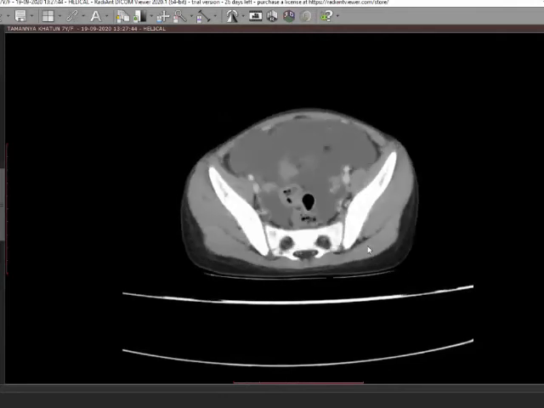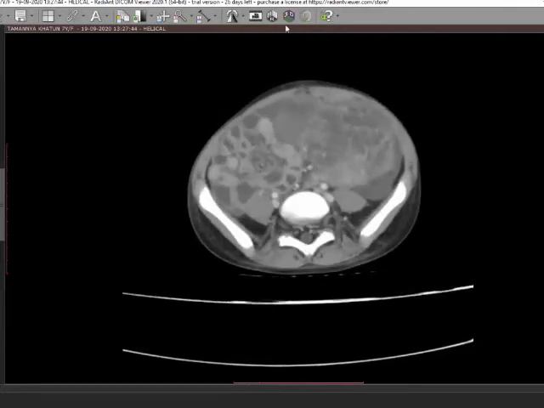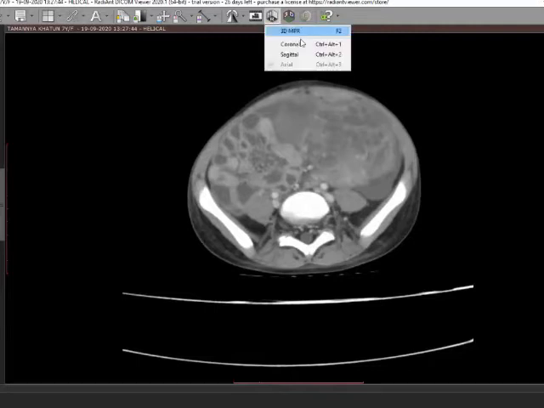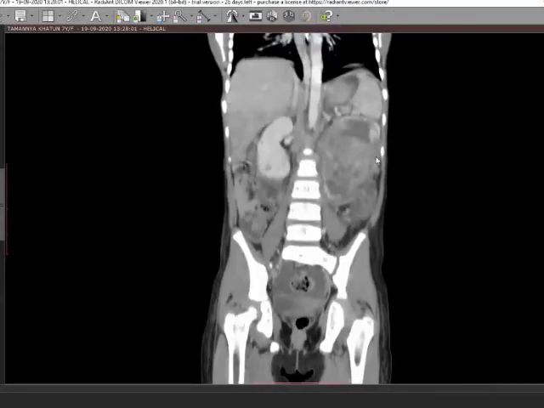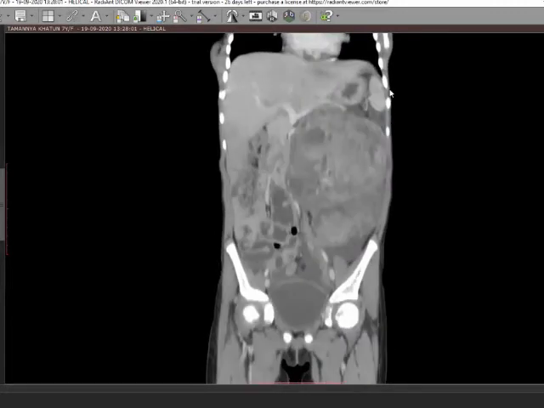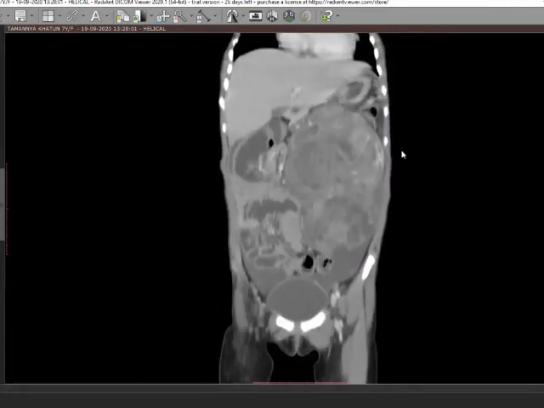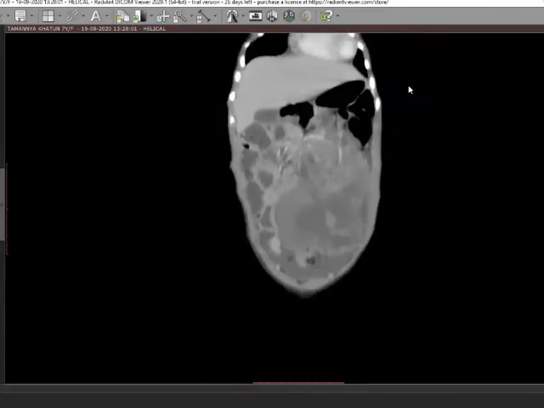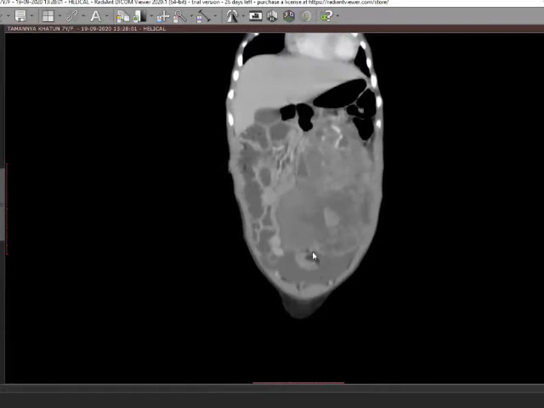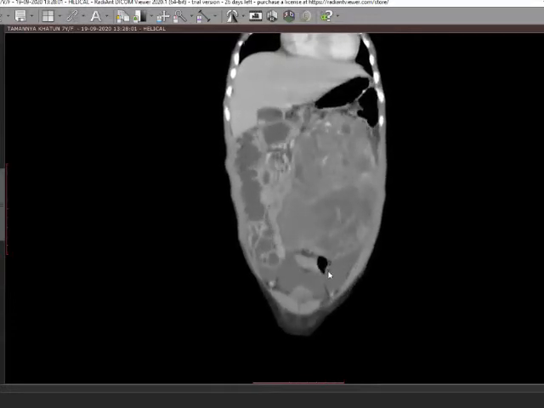The size of the lesion is approximately 16 by 11 centimeters, and it is predominantly well circumscribed, but in the lower aspect, I feel there is some discontinuity in the capsule of the lesion. This can represent possible rupture, but it is yet to be seen.